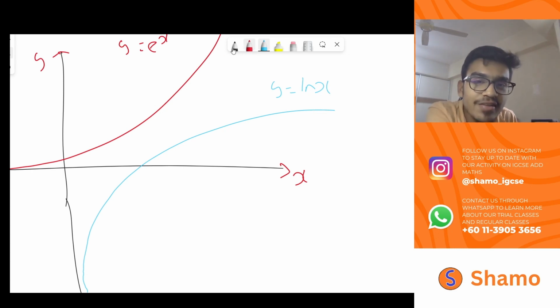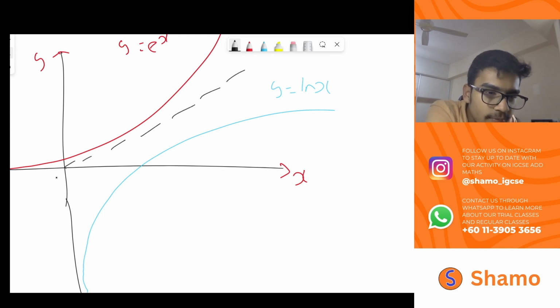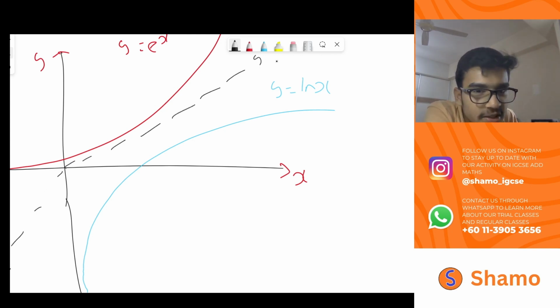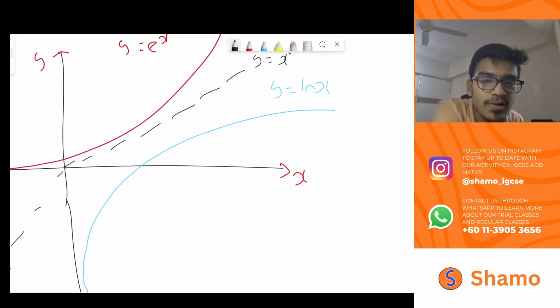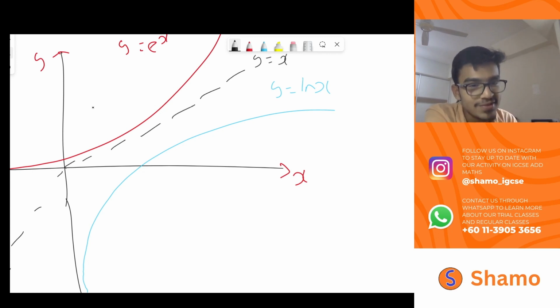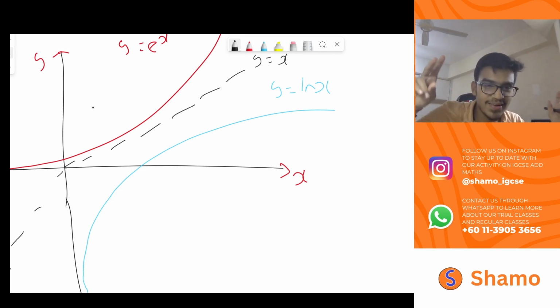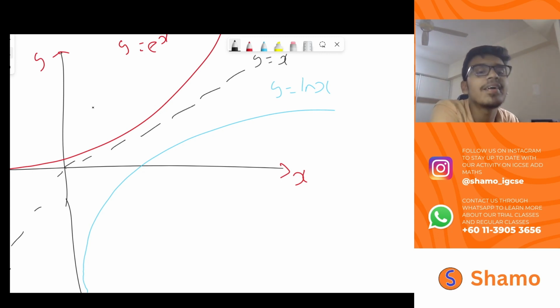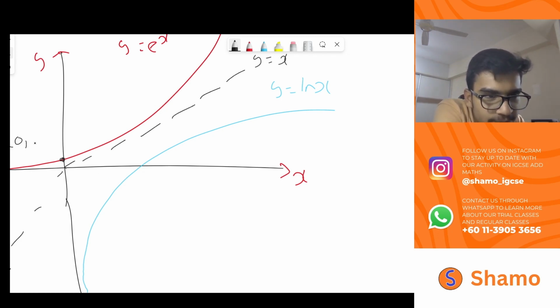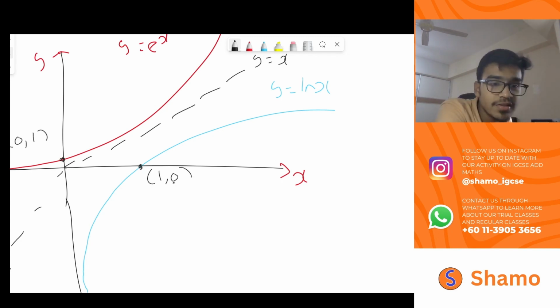So we know they are a reflection across y is equal to x. This is my best attempt to draw y is equal to x. You can see that they, to some extent, look like a reflection. This point is (0, 1), and this point is (1, 0). Yes, that's a reflection.